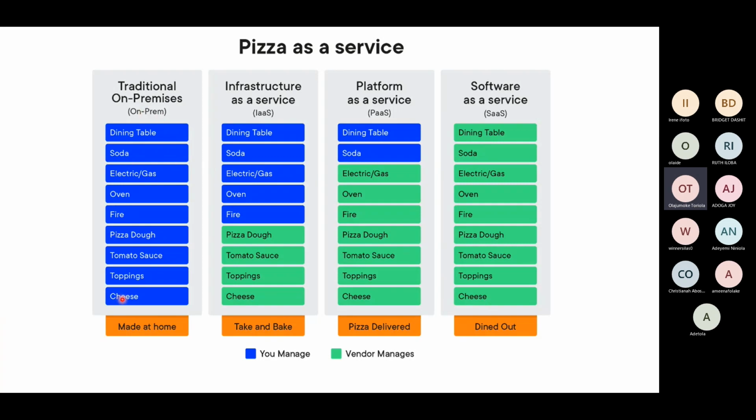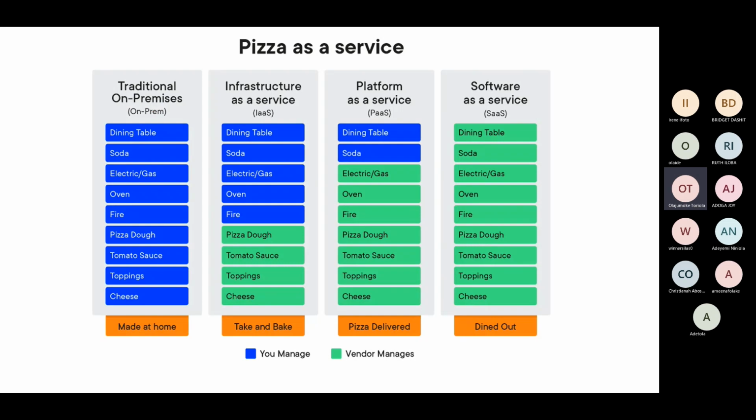You buy your cheese, you go to the market, you do the toppings, the tomato sauce, the pizza dough. You are responsible for the fire, the oven, the electricity, the soda, and the dining table. This is your typical on-premise. It is what is made at home, your traditional on-premise.